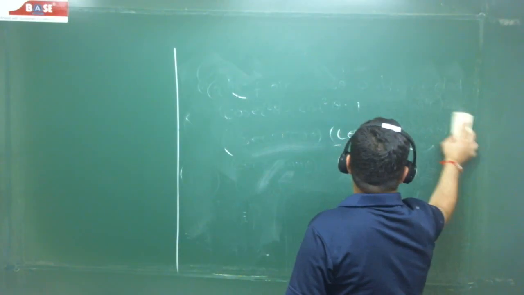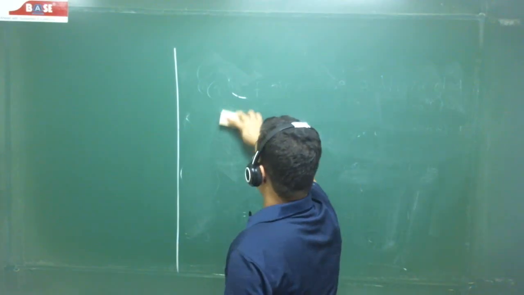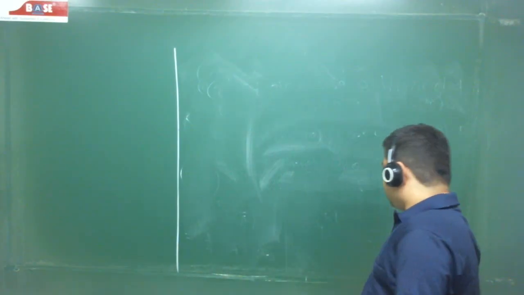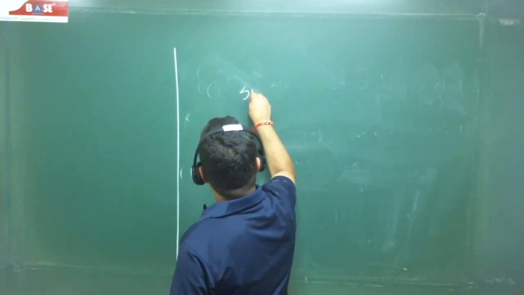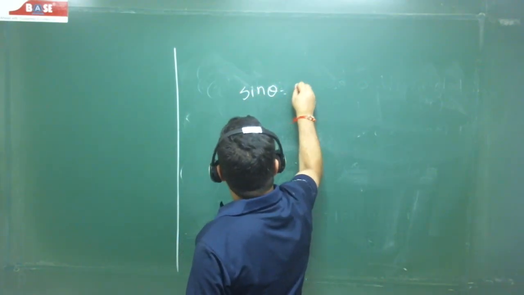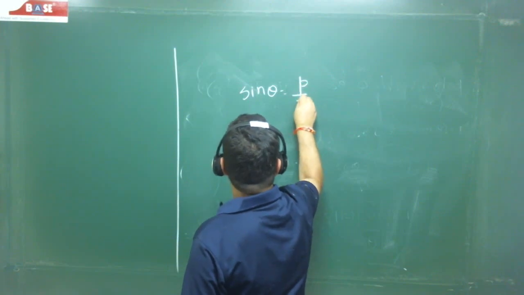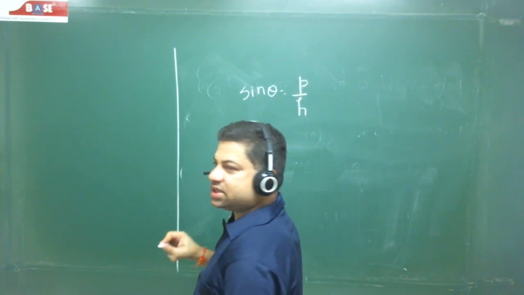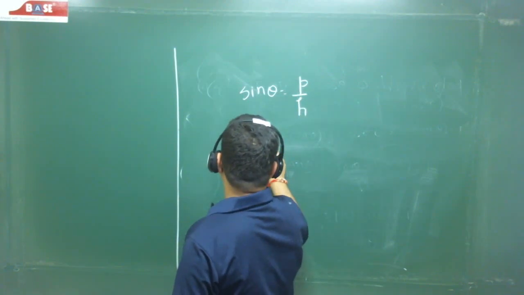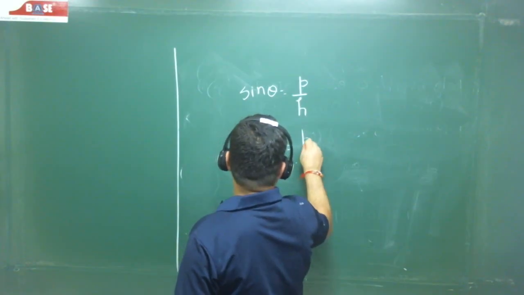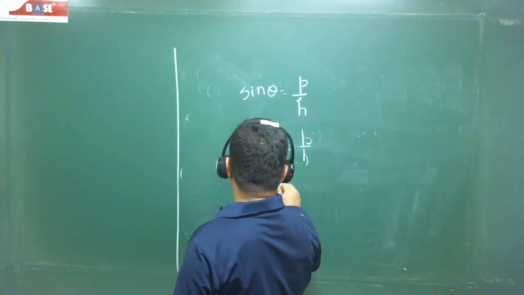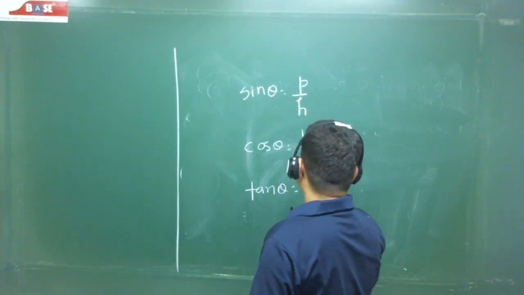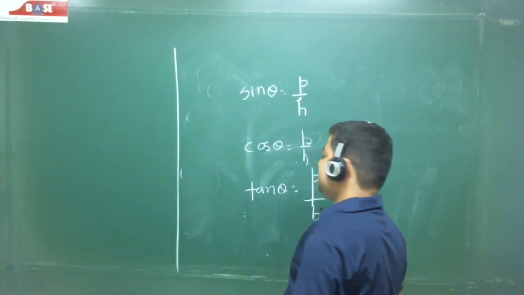Now, one more thing just for analysis sake. Suppose sin theta we will be having perpendicular by hypotenuse, right? Cos theta you will be having base by hypotenuse, and tan theta will be perpendicular by base.